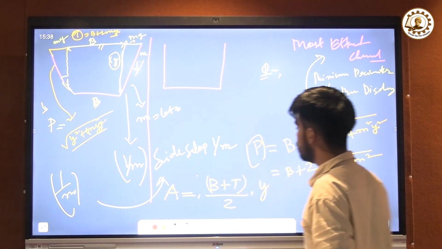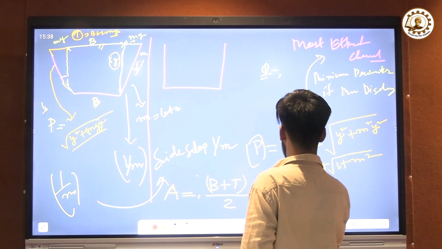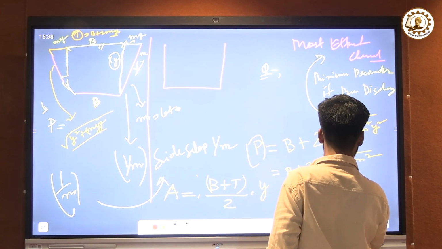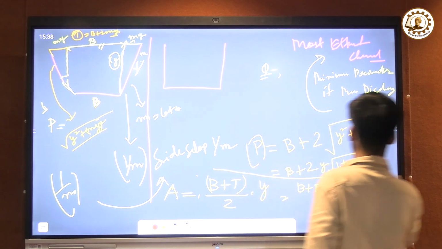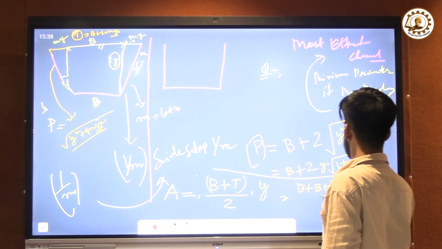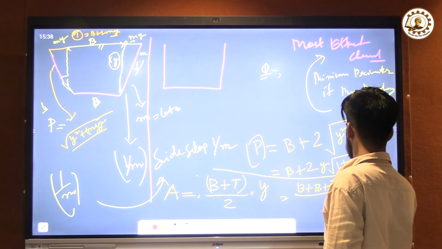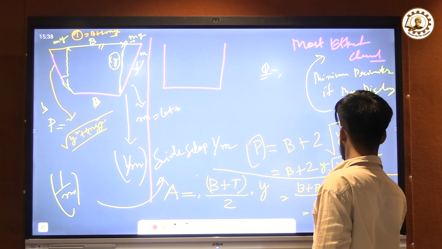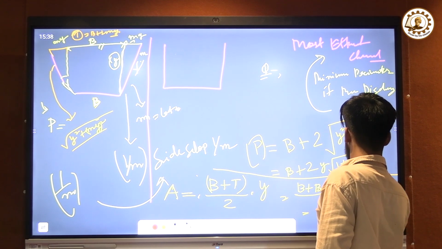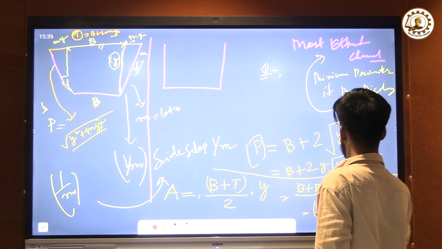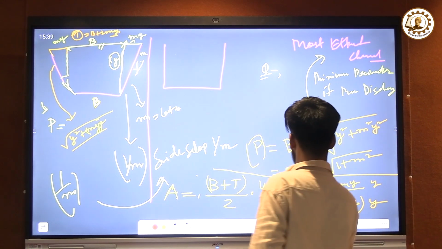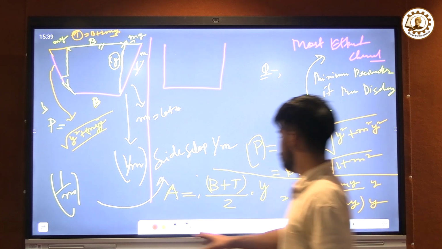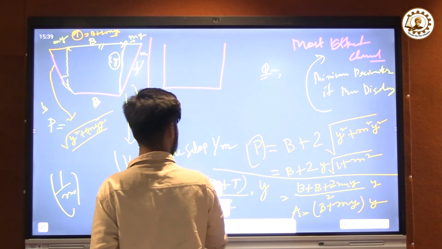So what area are we getting? The value of b plus 2my, by 2, into y, giving b plus my into y. This is our area. Okay, so we now have our area.